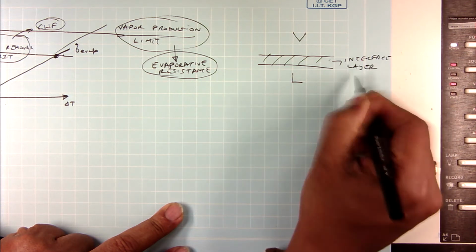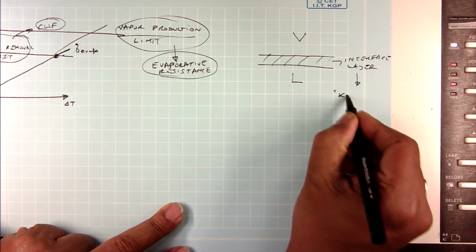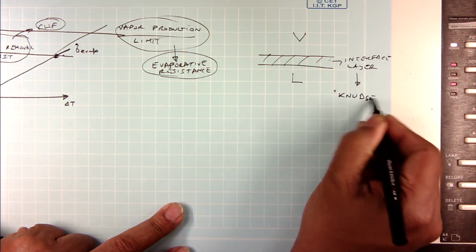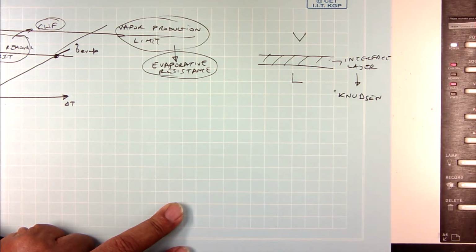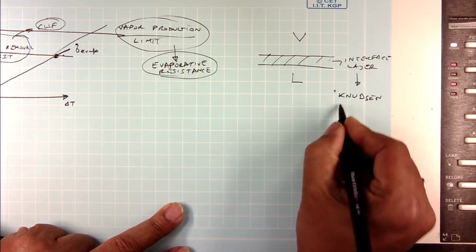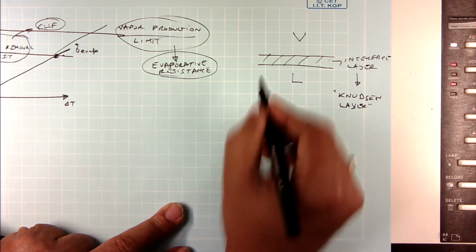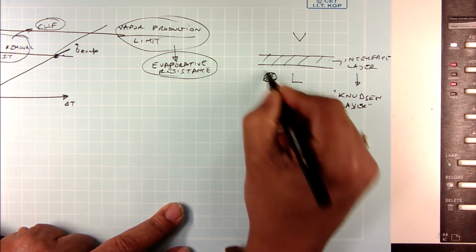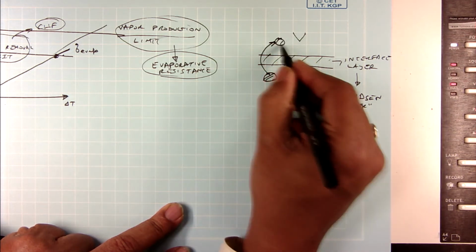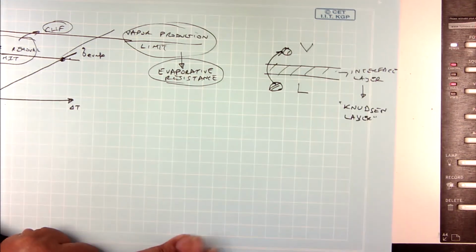And so this interface layer is sometimes known as the Knudsen layer. Okay, so if I have a liquid molecule and it wants to go into the vapor phase, it has to cross through this barrier of the Knudsen layer.